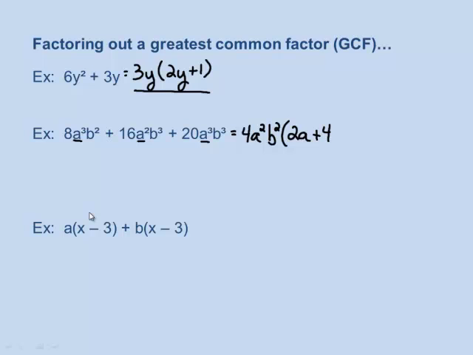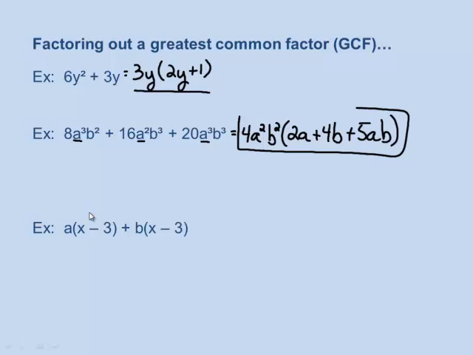We had 2 a's in the original term, we took both out. We had 3 b's in our original term, and we only took 2 out, so we're still left with a b in our group. And then 20 divided by 4 leaves us with a positive 5. We had 3 a's, we took 2 out, so we're left with an a. We had 3 b's, we only took 2 out, we're left with a b.